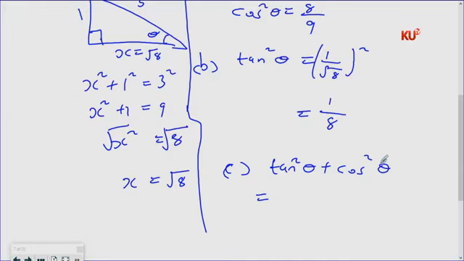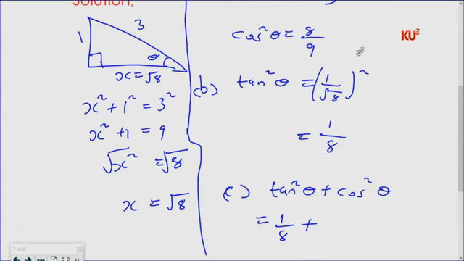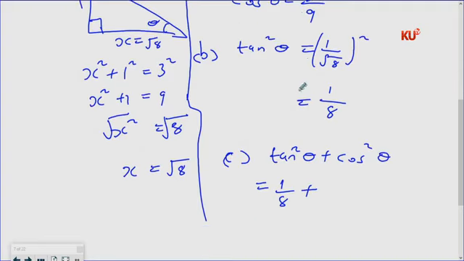Already we have worked it out, so learner, you should not now go back to our first step. Already we have these values with us. Tan squared theta is equal to 1 over 8. I'll just have 1 over 8 plus cos squared theta. Already we have our cos squared theta here. Cos squared theta is equal to 8 over 9. Very good. 8 over 9.